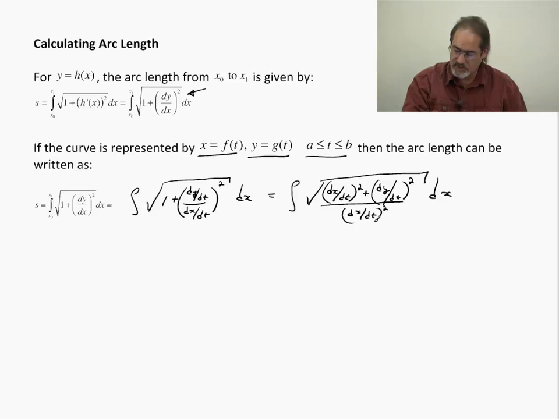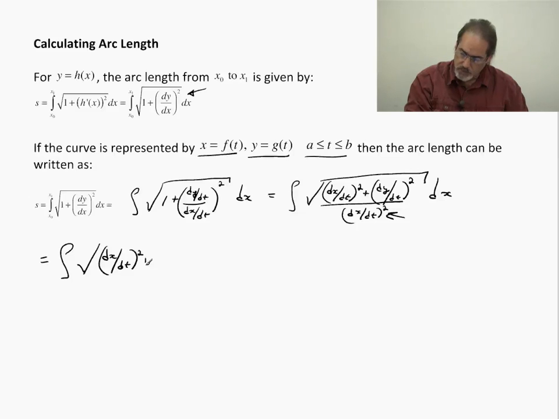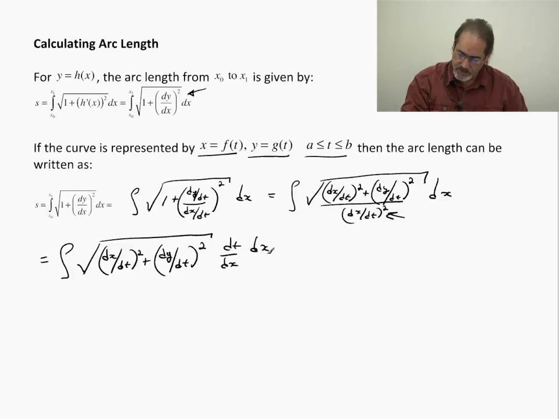Well, I can pull out this (dx/dt) squared in the denominator out of the radical, which is going to give me the integral of the square root of (dx/dt) squared plus (dy/dt) squared, times dt/dx, times dx.